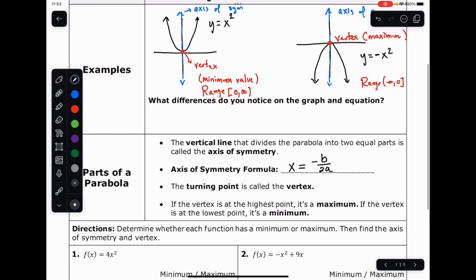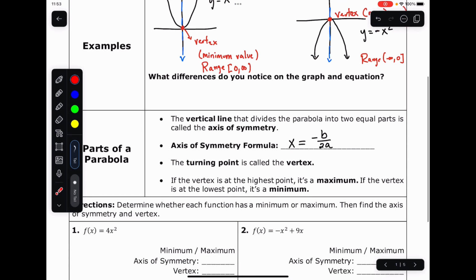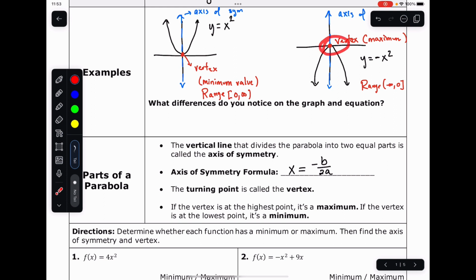Now the turning point, that maximum or minimum value, is referred to as your vertex, like I mentioned earlier. We also refer to it as a turning point where the graph changes direction. If the vertex is the highest point, that is the maximum. So that would be in this situation right here, that's the maximum. And if it's the lowest point, that is your minimum, like I mentioned up here.